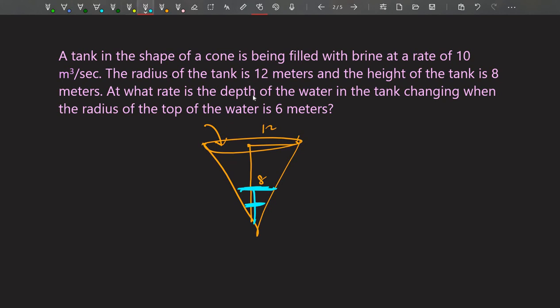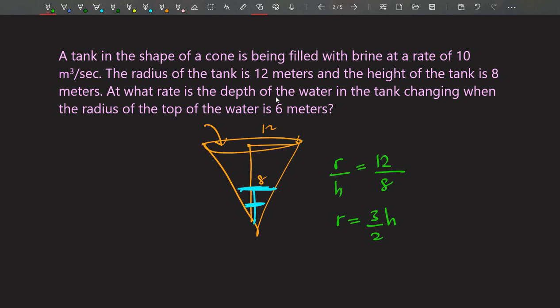So right now we have R over H, radius over height, is equal to 12 over 8. This can be simplified: 12 divided by 4 is 3, so R is equal to 3 over 2 H.